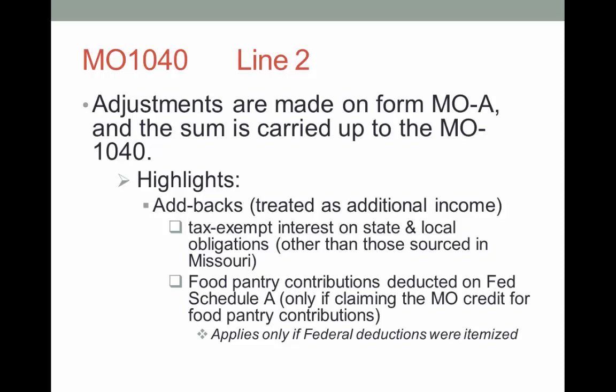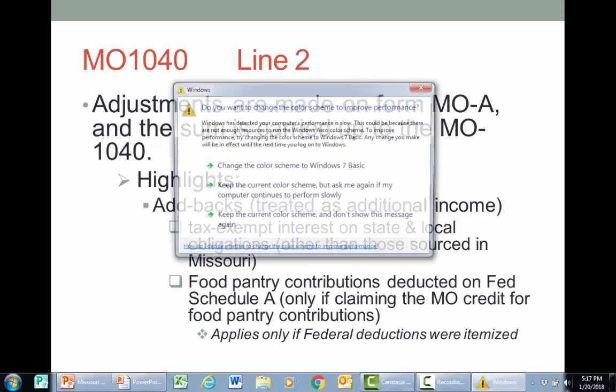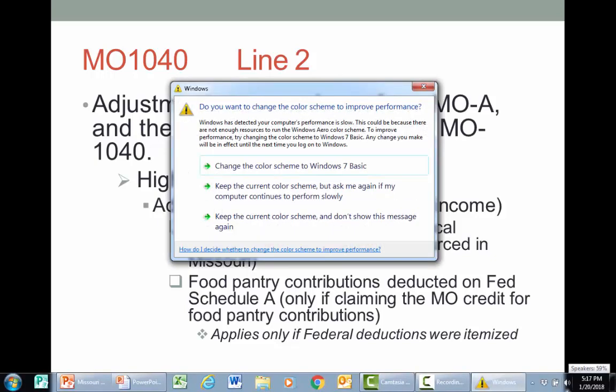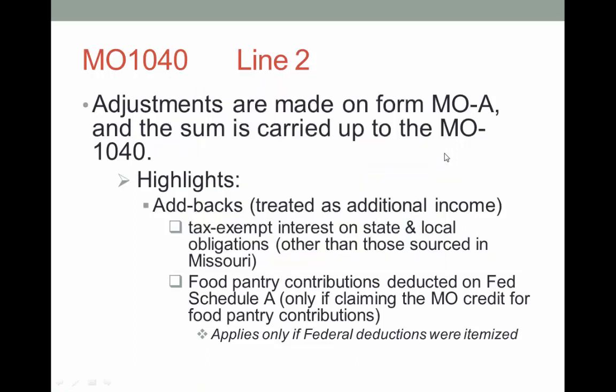It lists itemized deductions, and it also lists add-backs, things that add into the taxable income. If you look at the MO-A, you'll be able to see all of the items that would be included. In this video, I only want to talk about those things that you may possibly see at our VITA site.